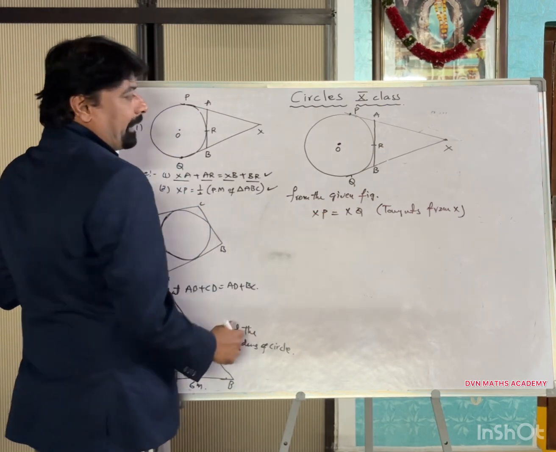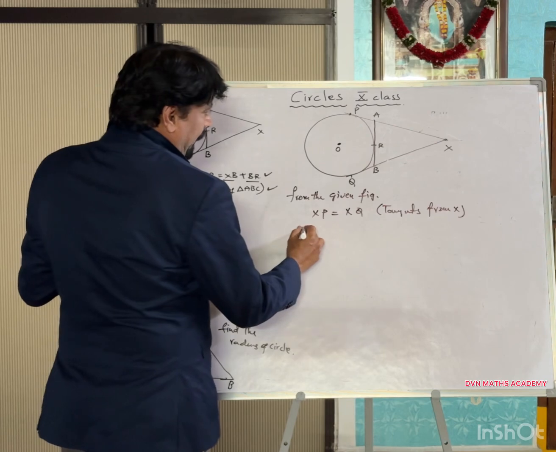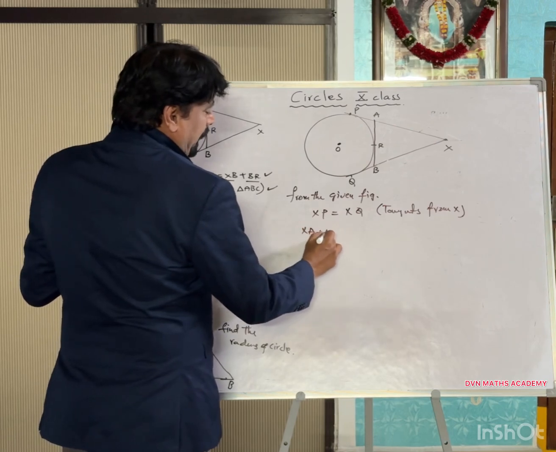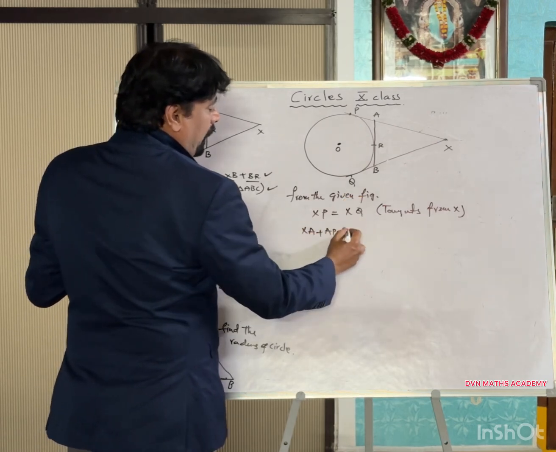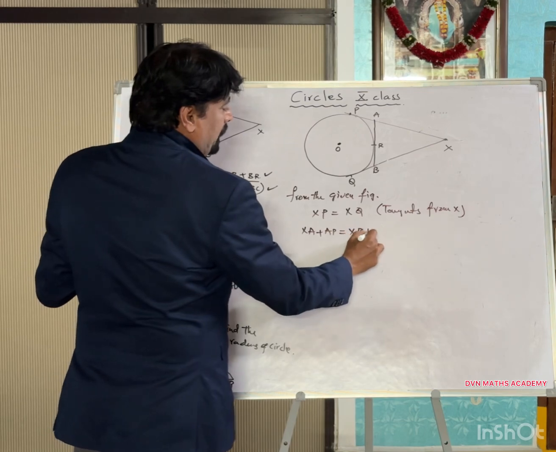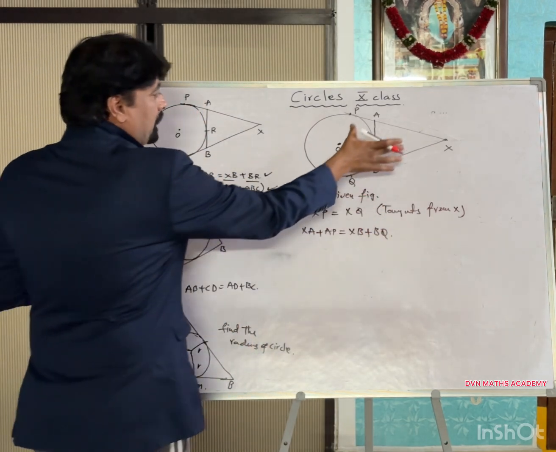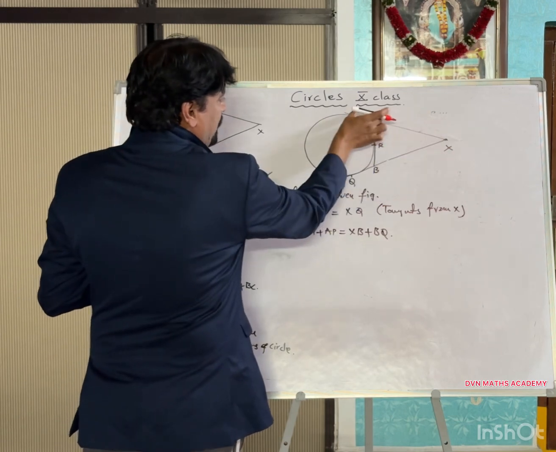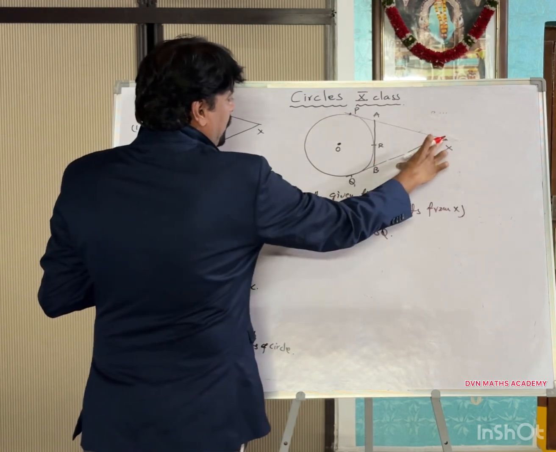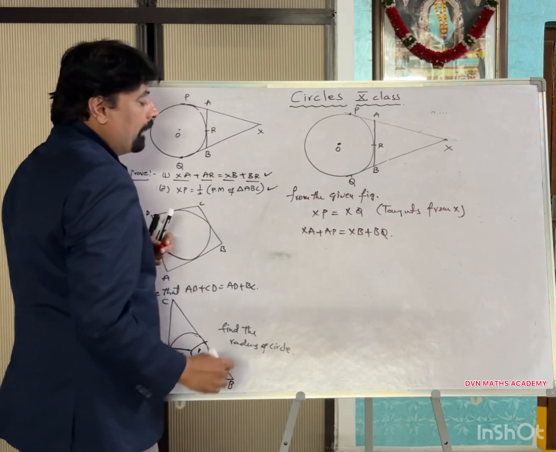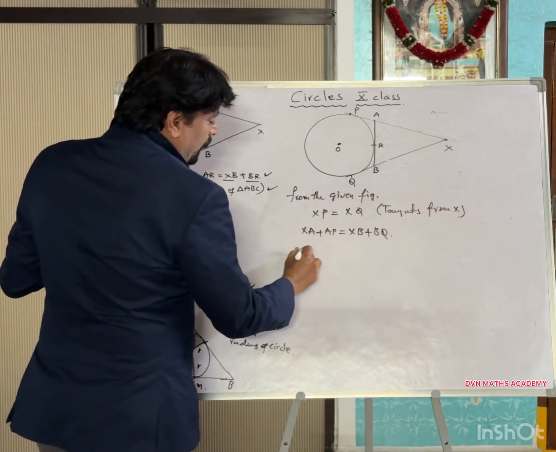This XP I can write as XA plus AP, and XQ I can write as XB plus BQ.